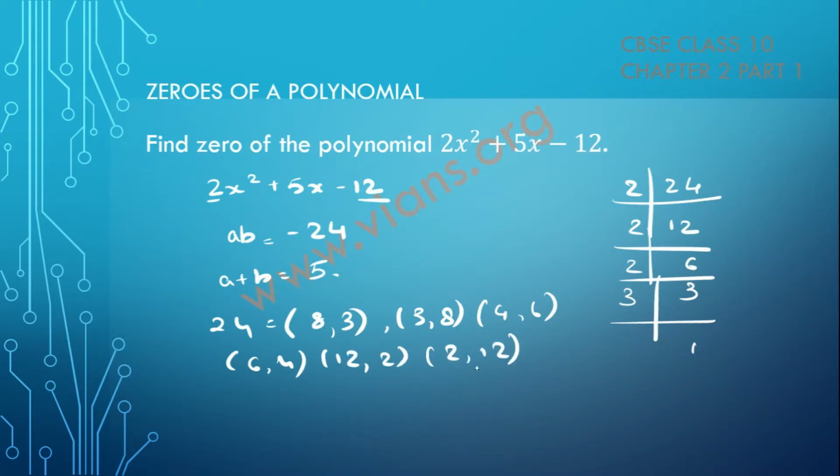So however you write it, these are the factors that you will get, or it could be 24 and 1, right? So these are the factors that you're going to get. Now if you see 12 minus 2 or 12 plus 2, or however you write it, this is not going to give you 5.